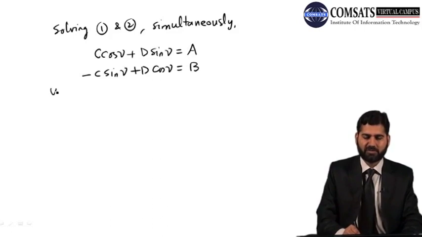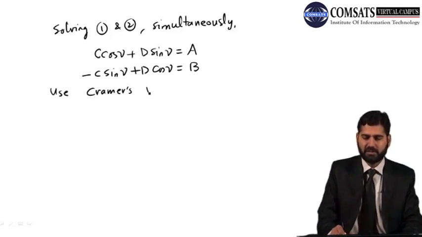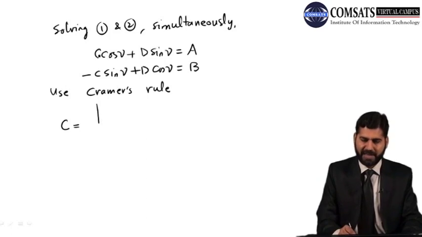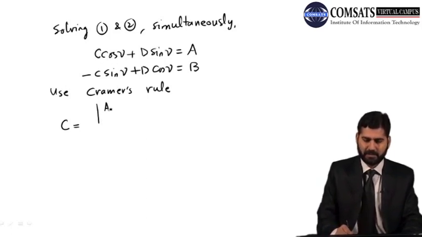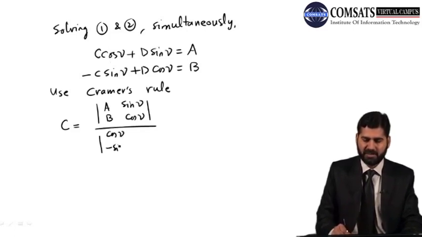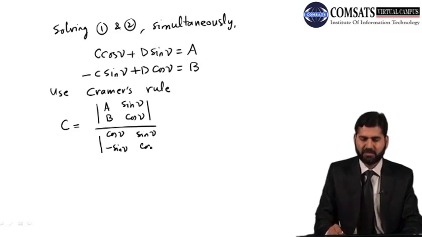So I can use Cramer's rule here. If I use Cramer's rule, then c is nothing but the determinant where first I replace these coefficients by a, b, and sine nu, cosine nu will be there, divided by the determinant of the coefficient matrix, which is cos nu, minus sine nu, sine nu and cos nu.